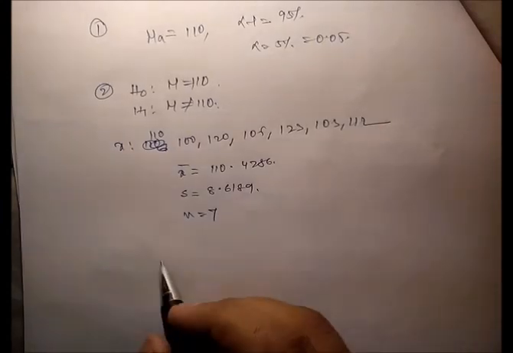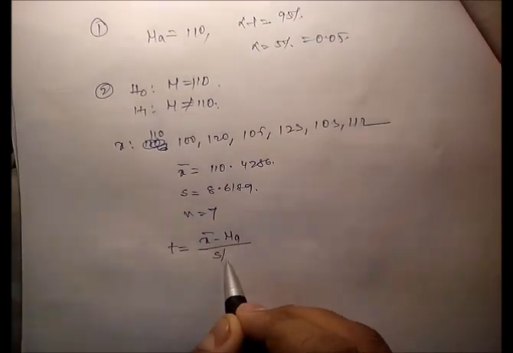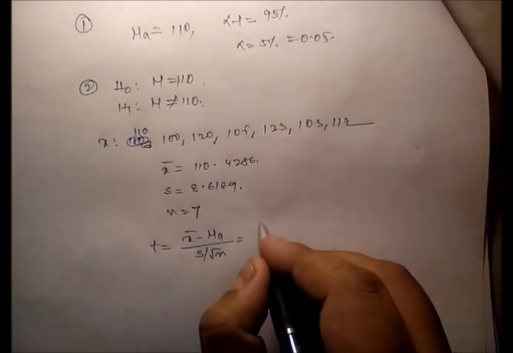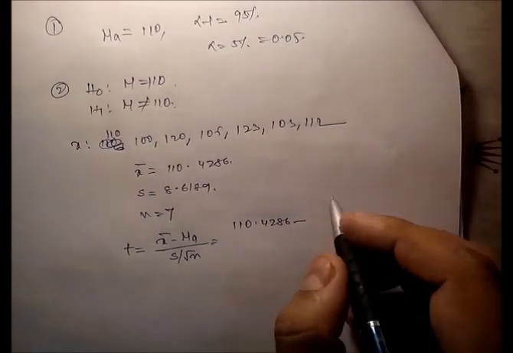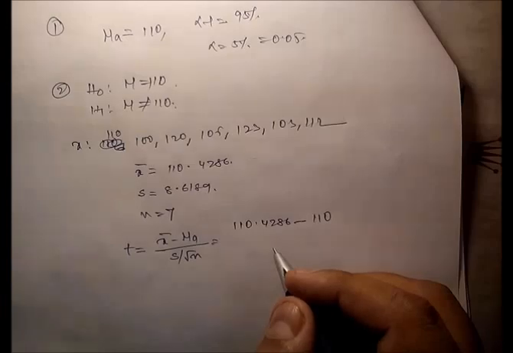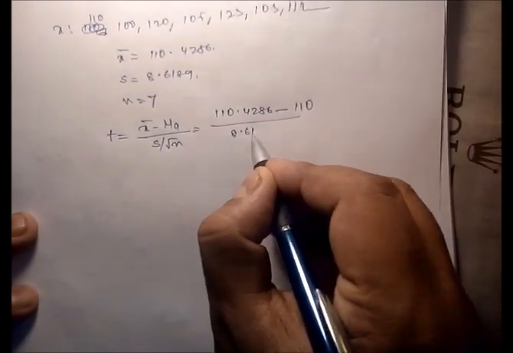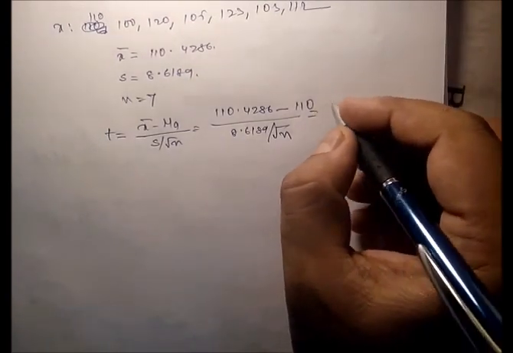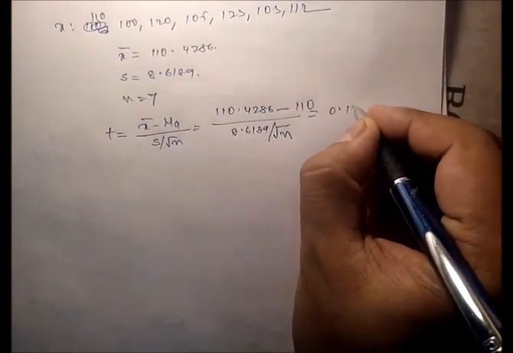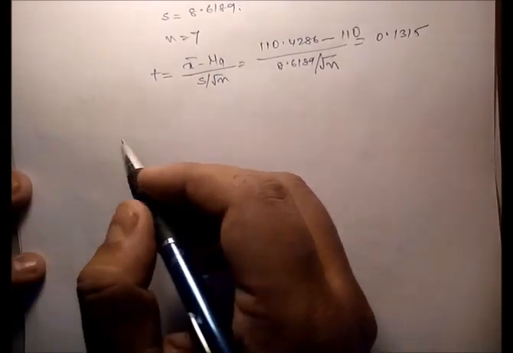Now under H0 the t statistic is x bar minus mu a divided by s by square root of n: 110.4286 minus 110, divided by 8.6189 divided by square root of 7. If you solve it, you get the value 0.1315.